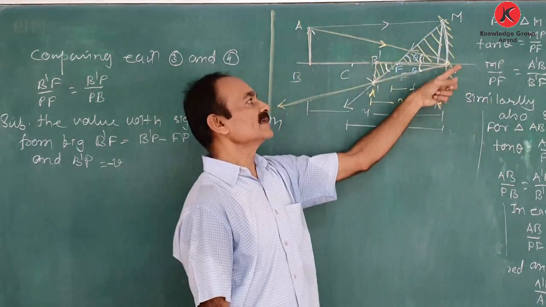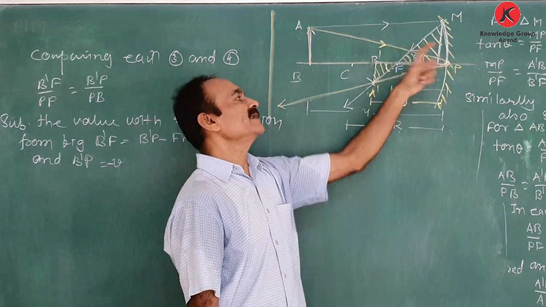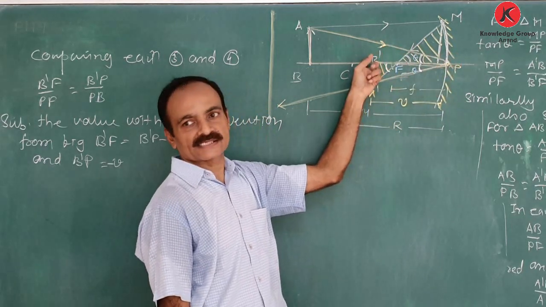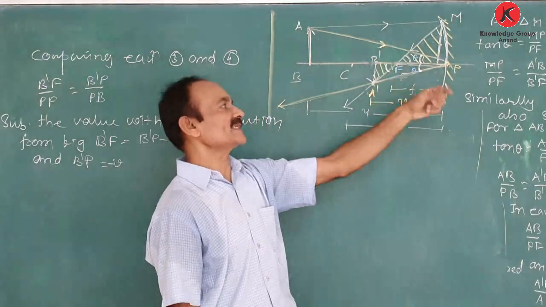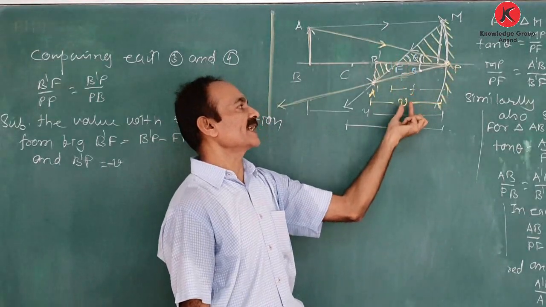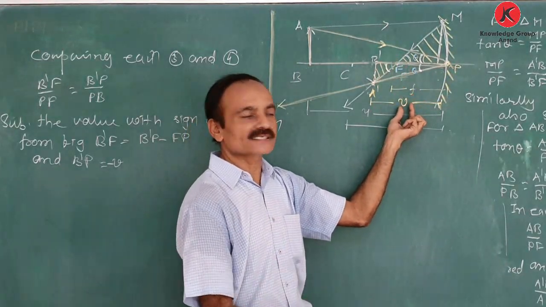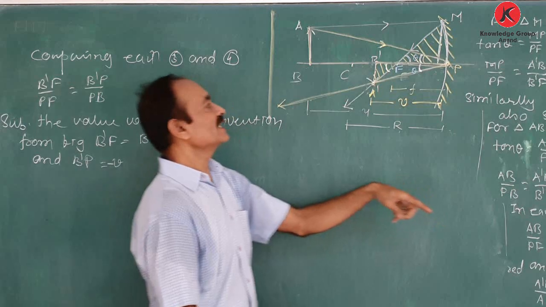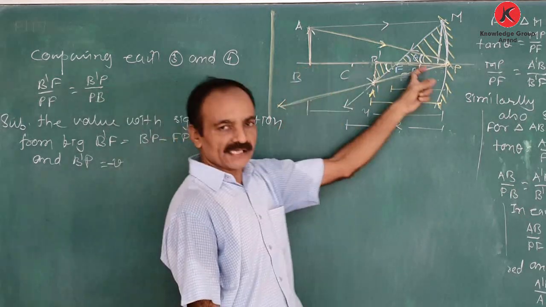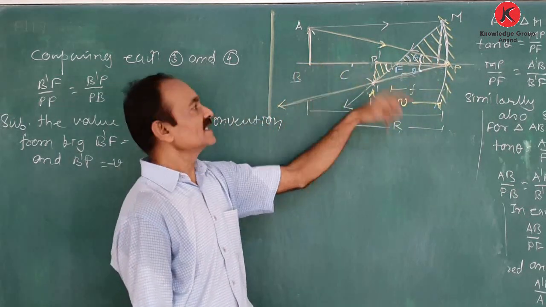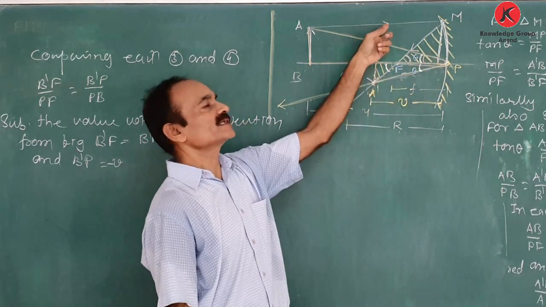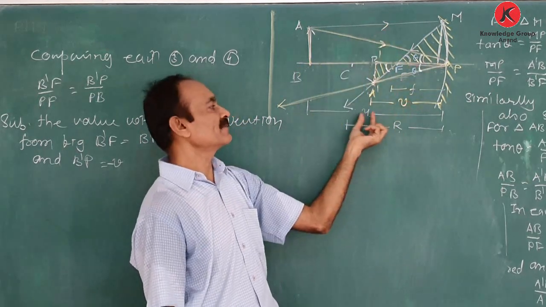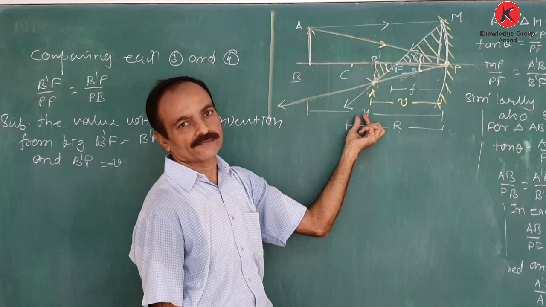Here we are measuring the distance PB' in the opposite direction, so the image distance is negative. The same goes for BP, the object distance u, which is also negative.